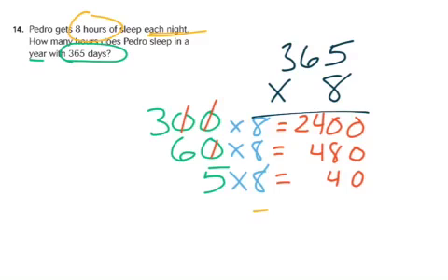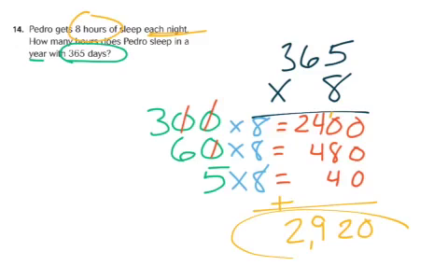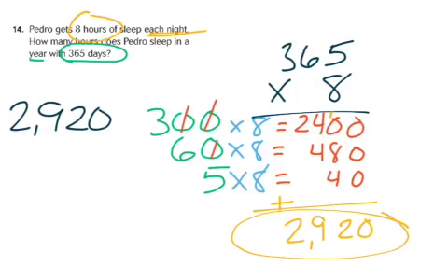And finally, step number 4 is to add. And there we go. There is my answer. Pedro sleeps 2,920 hours a year.